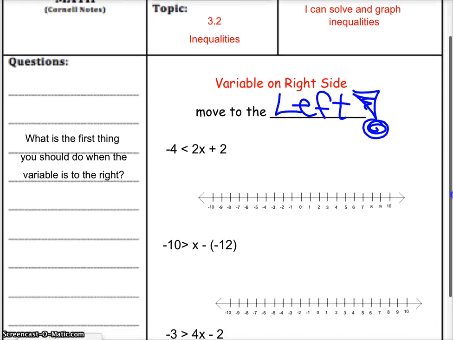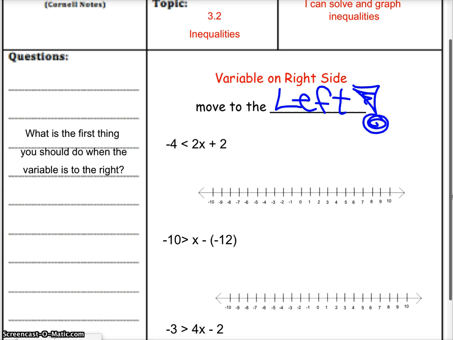So I'm just going to rewrite the whole thing. So I'm going to say 2x plus 2. What's facing it, the open mouth or the point? Open mouth. What's facing 2x plus 2? Open mouth, and then -4. Subtract 2.